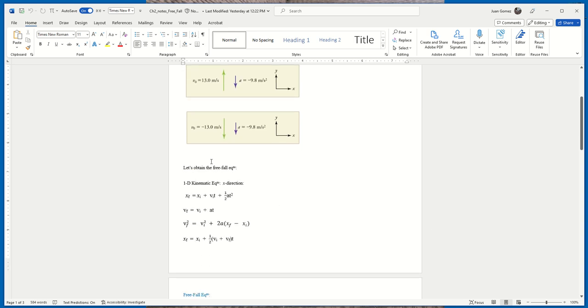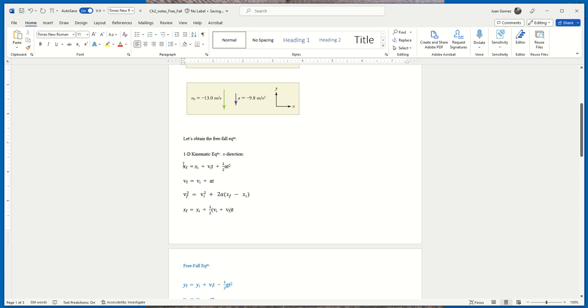Here I've written the one-dimensional equations in the x direction. We're simply going to replace wherever we see an x with a y, and wherever we see an a, replace it with a negative g.